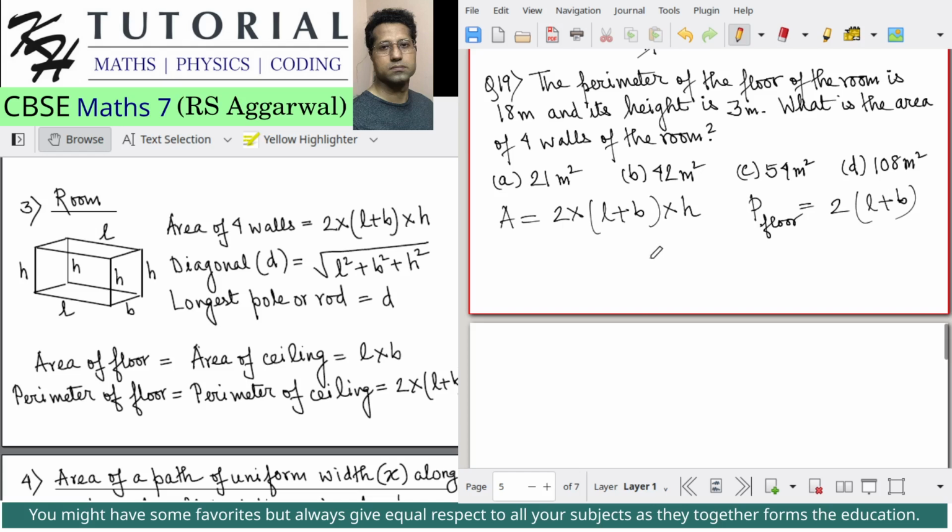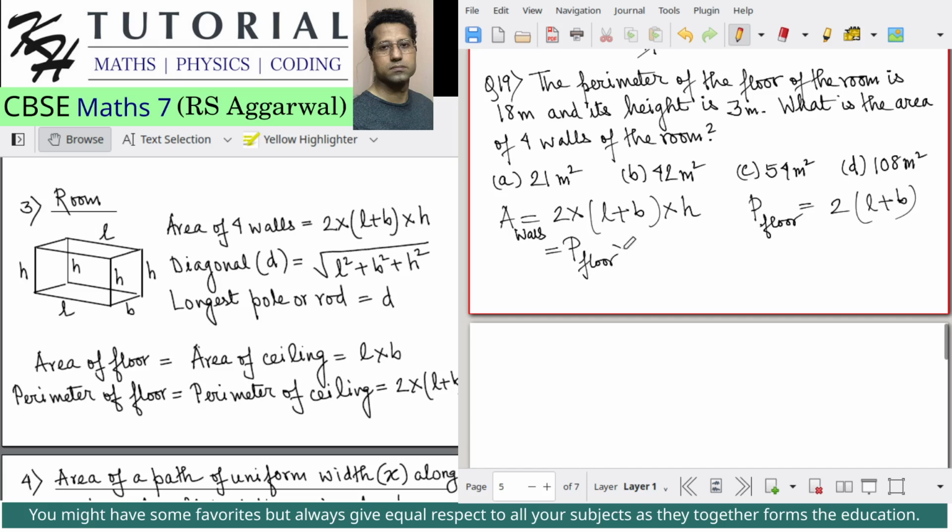Okay. So the problem is asking what is the area of four walls of the room. So let's say A walls denote the area of the four walls of the room, whose formula is 2 into length plus breadth multiplied by h, that is the height of the room. But 2 into length plus breadth is nothing but perimeter of the floor.